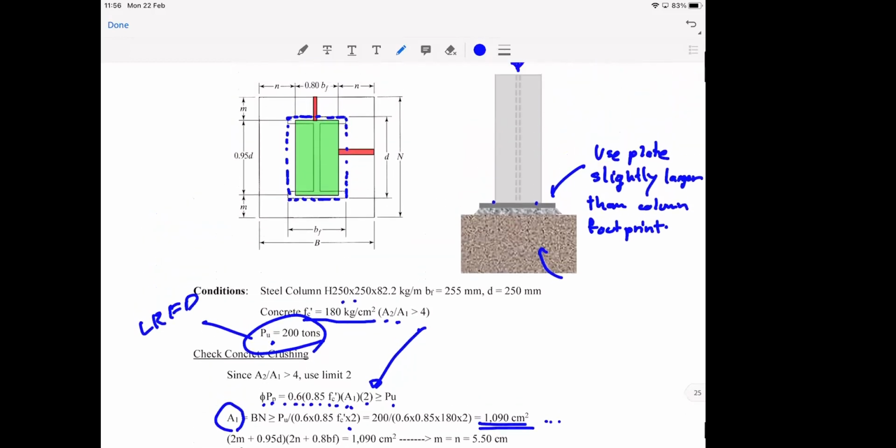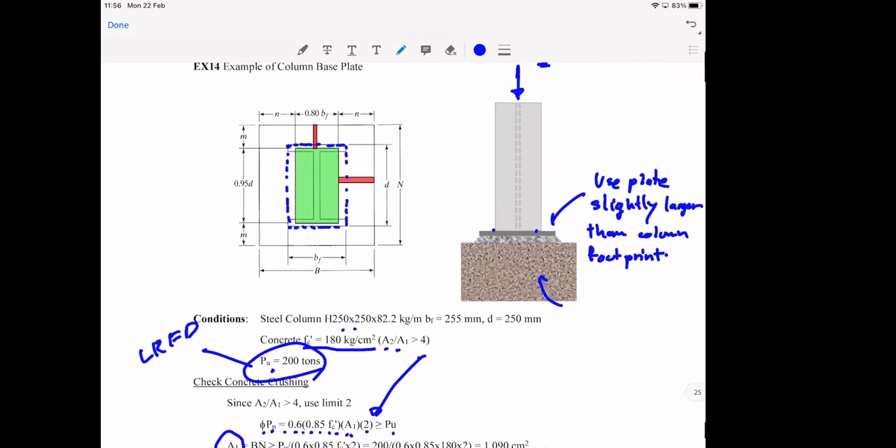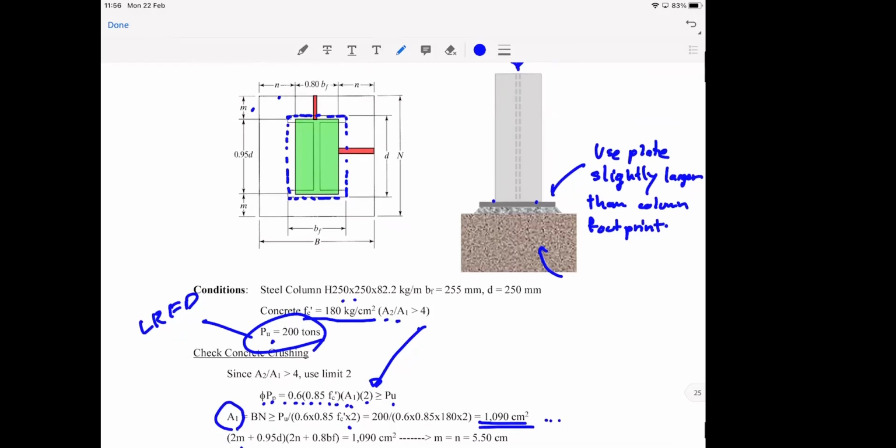Remember that the model says the green area is your rigid zone. So to determine the M and N distance, you put this whole area into your consideration. So N is 2M plus this, and B is 2N plus this.